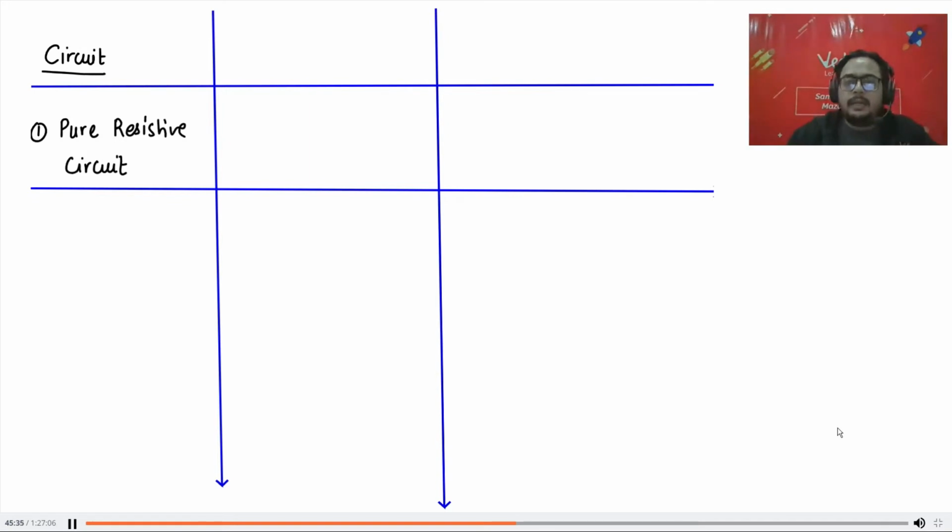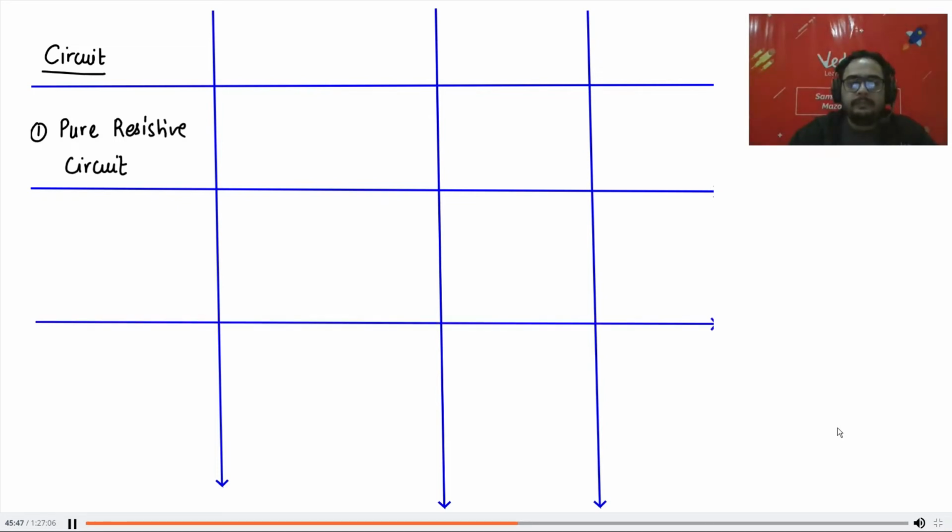Just wait a second, everyone. I can draw the phasor here, and here I will write the remark if needed. Okay, let's start.